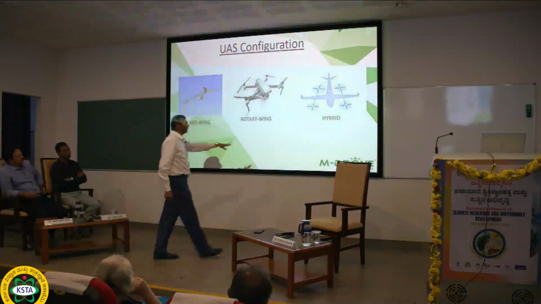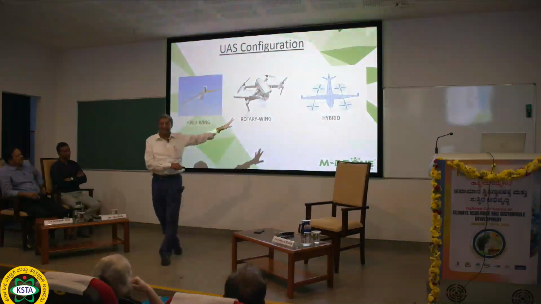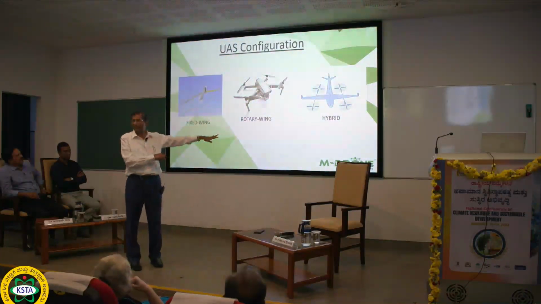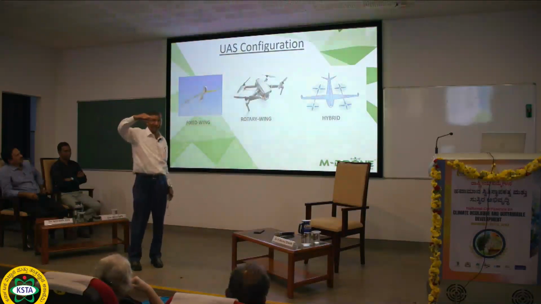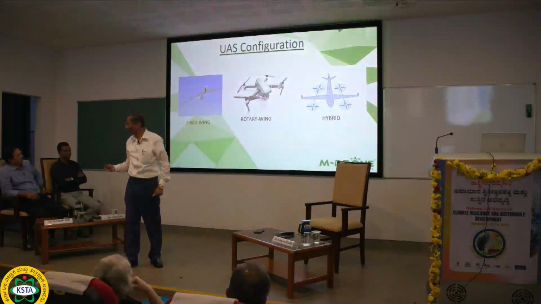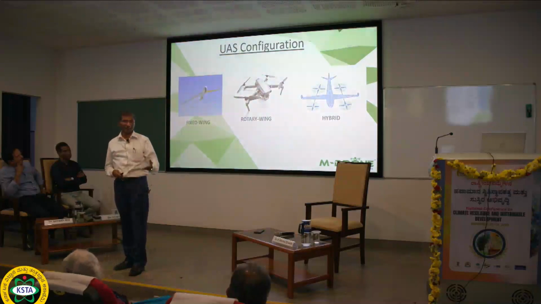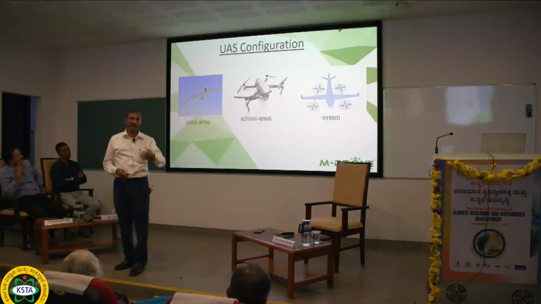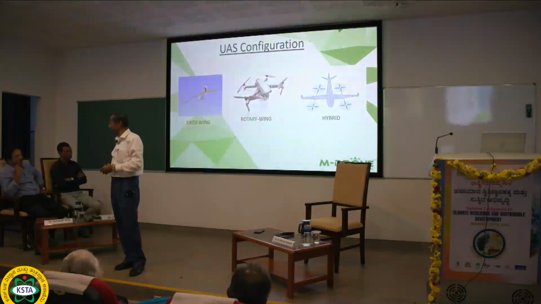This hybrid acts like both fixed wing as well as rotary wing, so that it can vertically take off and horizontally go like a fixed wing. It has both advantages, and that is going to be the future in the coming years, particularly if you want to transport medicines, or if you want to land in some place which has been flooded due to the climate effect.